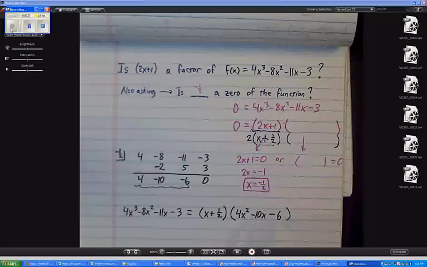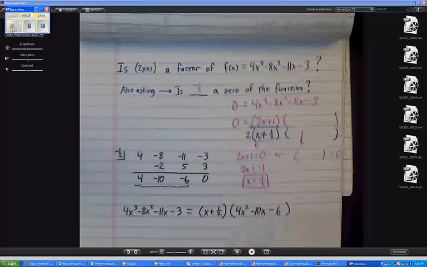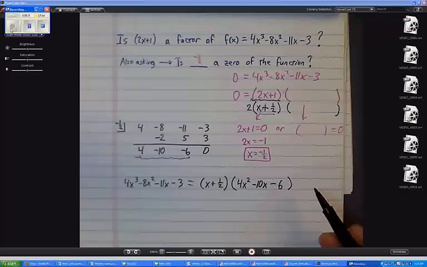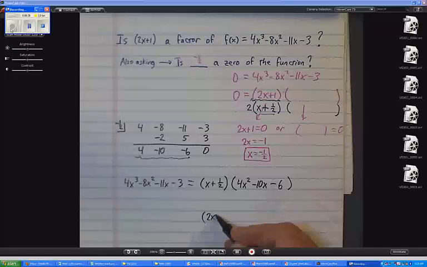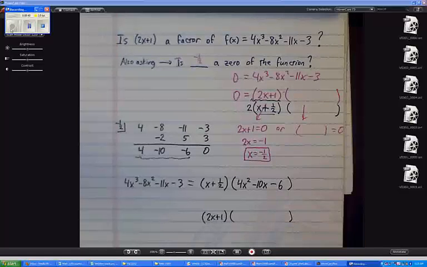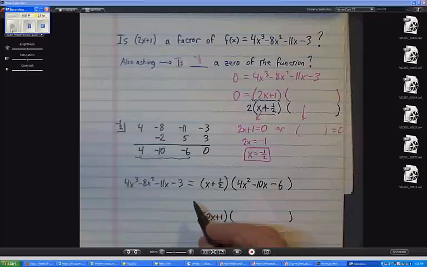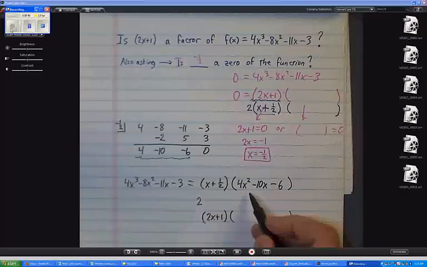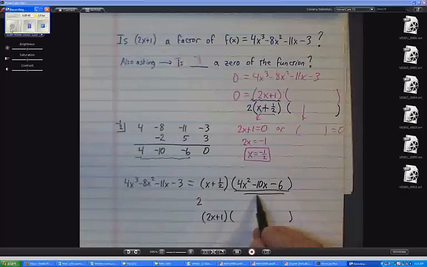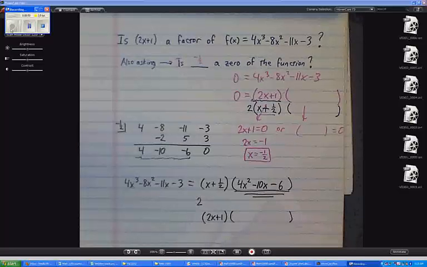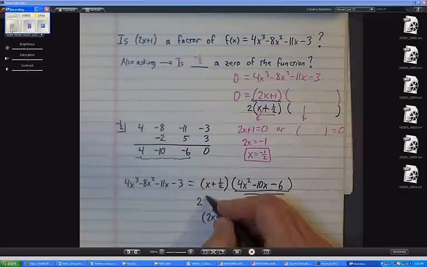But, moving on, you guys were trying to tell me that I want to write it as 2x plus 1 times something. I could do that. There's just an intermediate step. I need to take a 2 out of the second factor. And so I get 2x plus 1 half.